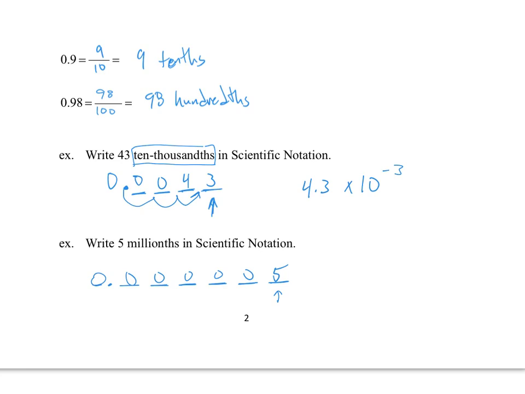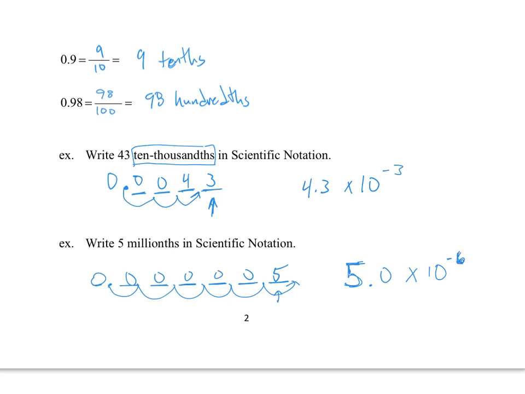Is that 0.5? 5, because you always need a whole number that's not 0 in your 1 space. You can do 5.0 or you can just write 5 times 10, 1, 2, 3, 4, 5, 6, to the negative 6.